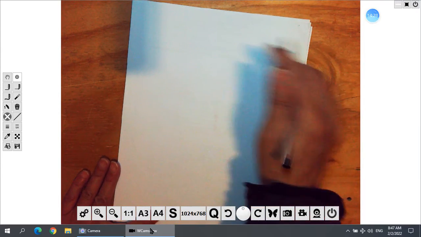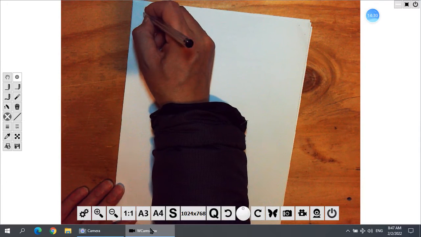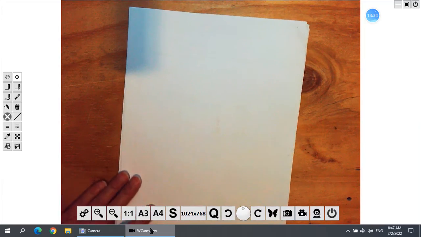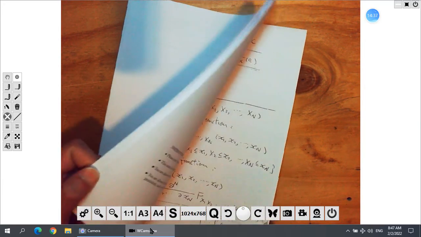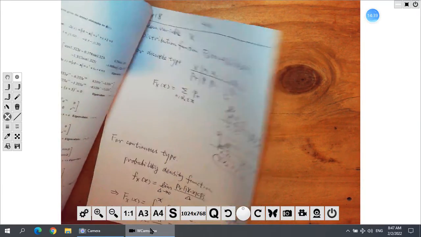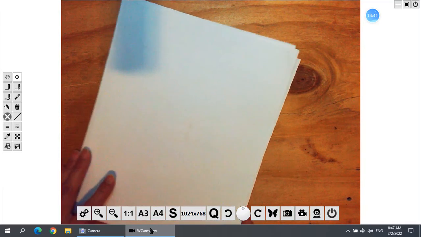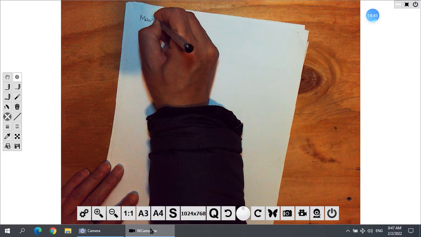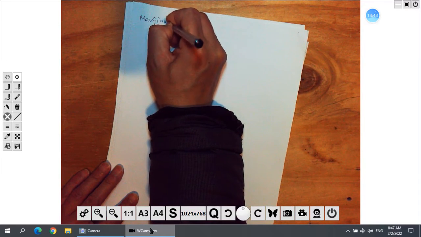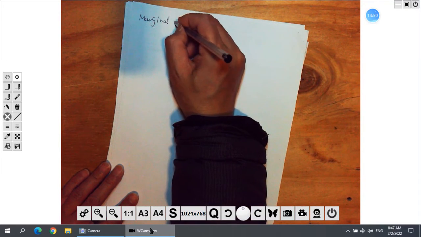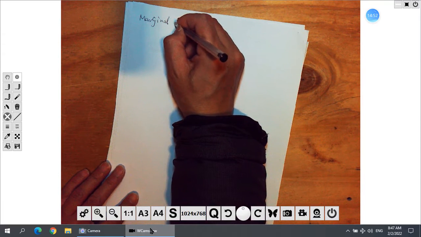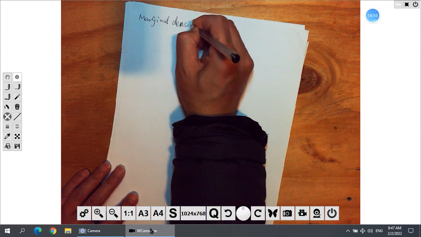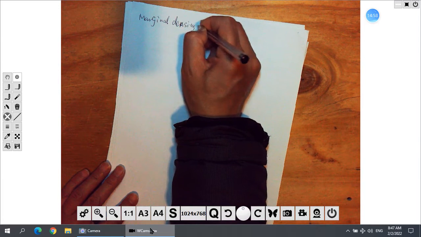We can have the marginal distribution function, marginal density function. We just consider density is fine.